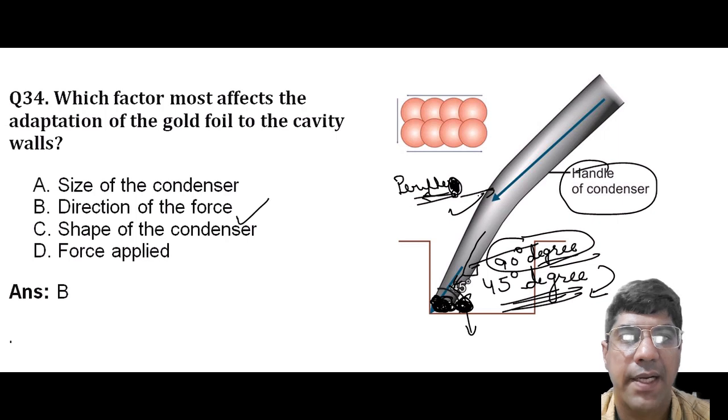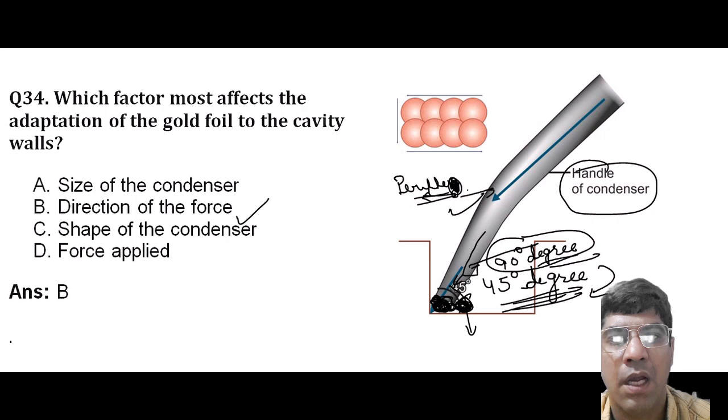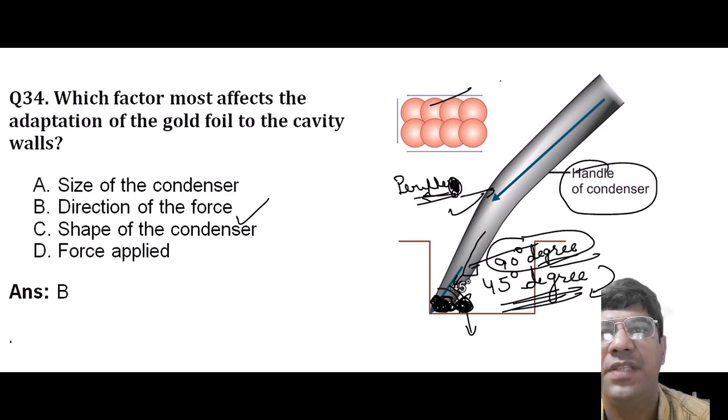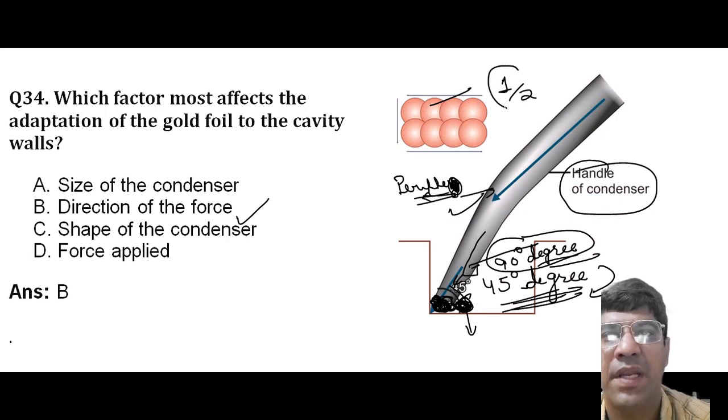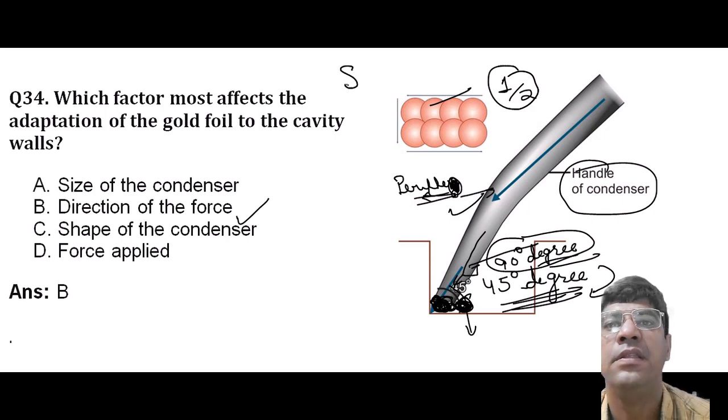Start at one side of the cavity and proceed in a straight line to the opposite side, then return to the original site on a different straight line. During condensation, the condenser should overlap at least half of the previously condensed area. That is known as stepping.